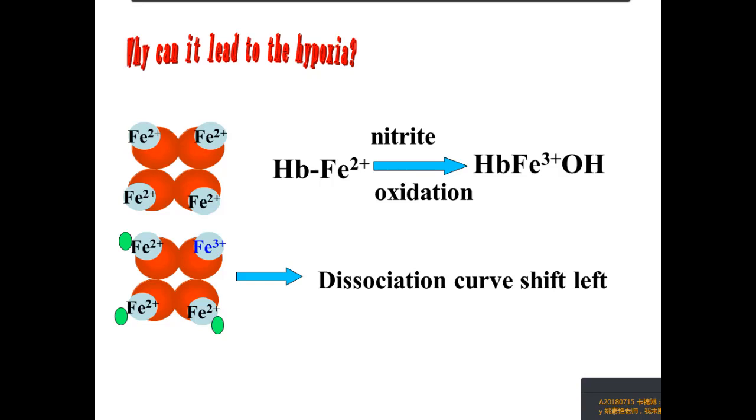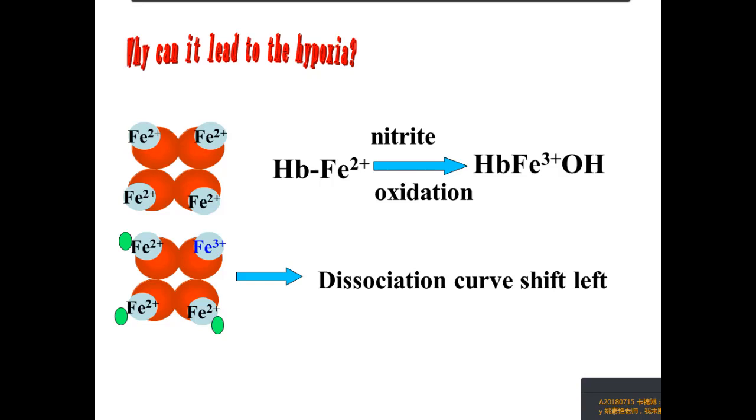If one ferrous state changes to ferric, the other ferrous states can carry the oxygen, but the affinity increases. So liberating oxygen will be difficult, and oxygen moving into the tissue cells will decrease. So also hypoxia. This is nitrate poisoning, methemoglobinemia leading to hypoxia.